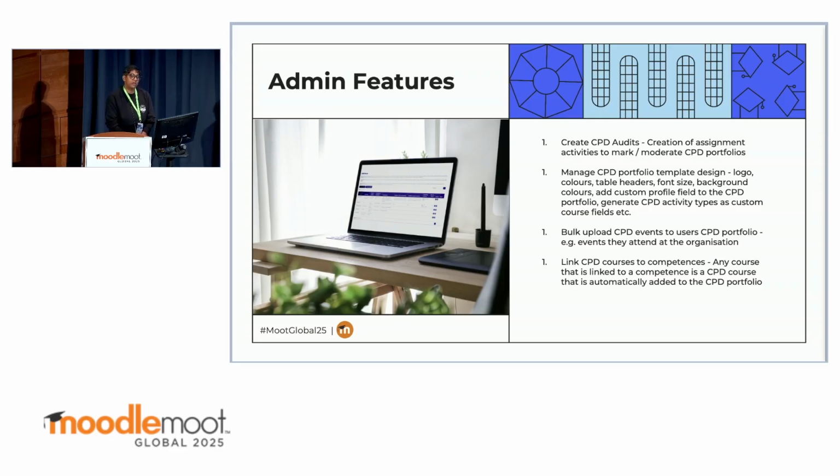The student should be able to select which CPD activities they want to share. So they could be uploading hundreds of CPD activities that they're doing within a year, but if they don't want to share all of them with a particular audience, they can choose which ones they want to share, and it creates different views to the CPD portfolio.